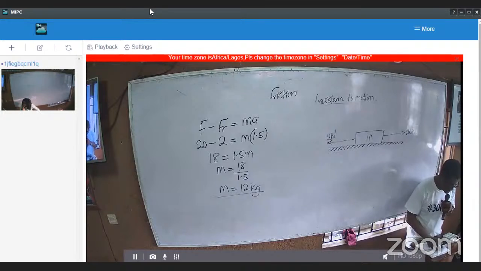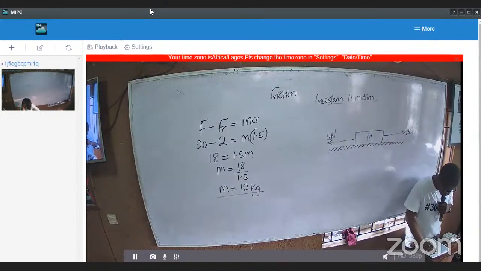That's the last thing we wrote under friction before we started solving an example. Are we true? Very good. It's in your note. Check it.